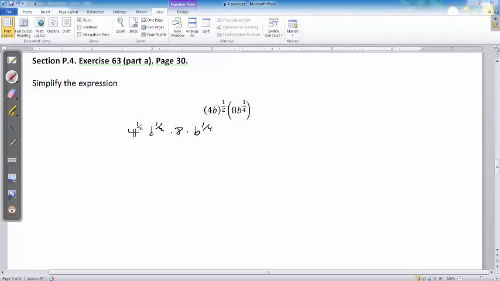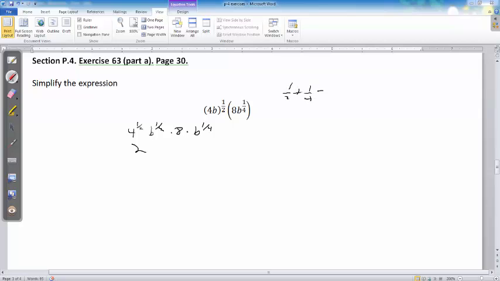Now let's see what we can do. 4 to the 1/2 is just 2. These 2 b expressions, I can just add their exponents, because remember, if you multiply two expressions with the same base, add their exponents. So 1/2 plus 1/4.